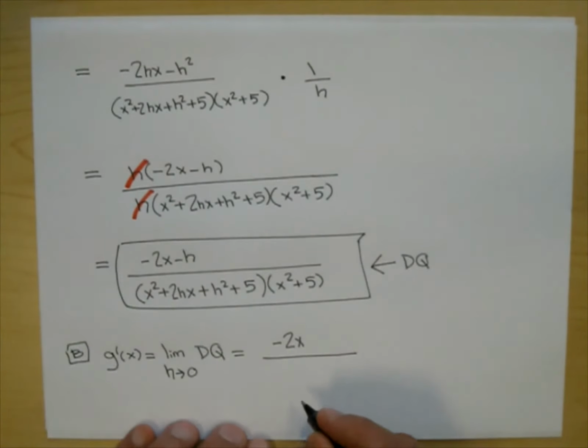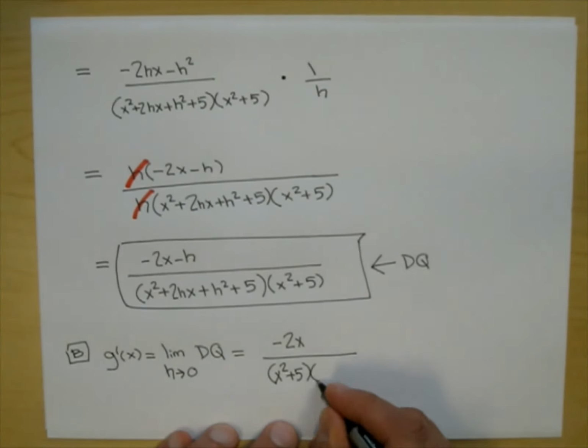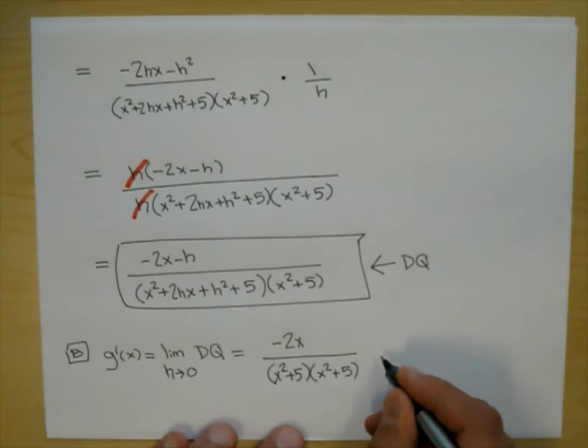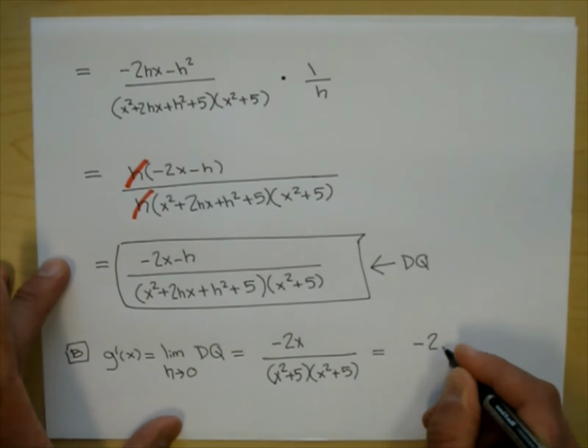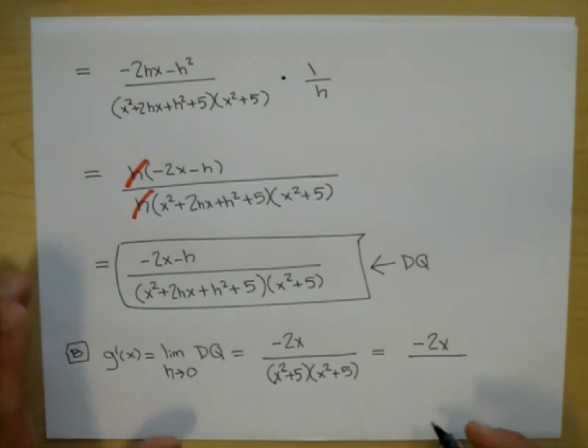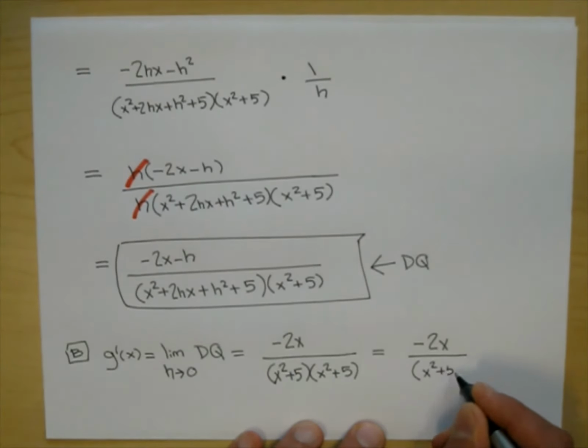And on the bottom you would have what? X squared plus 5, because those h's are 0, and then you have another x squared plus 5. Of course, we have to simplify the bottom and write that as x squared plus 5 quantity squared. So our final answer is negative 2x all over x squared plus 5 quantity squared.